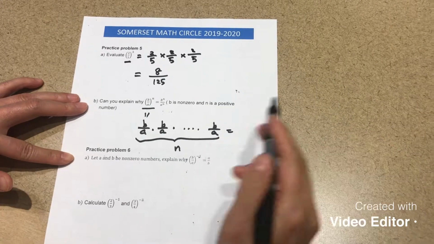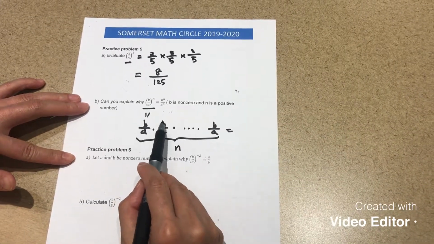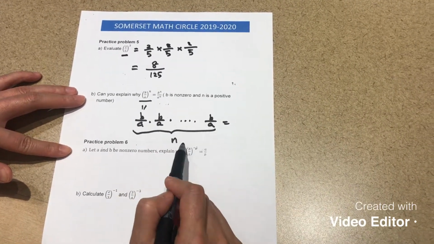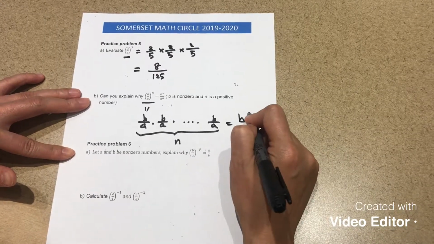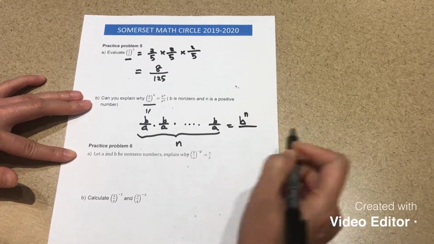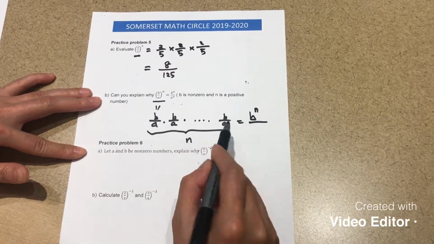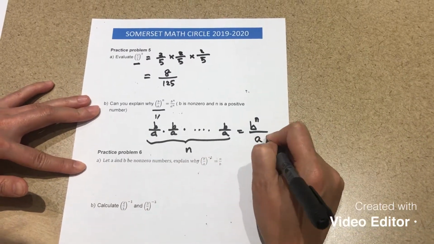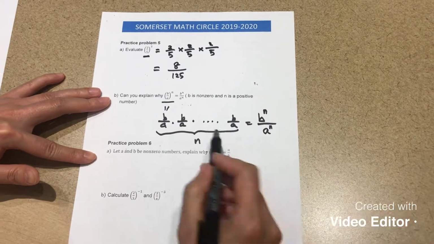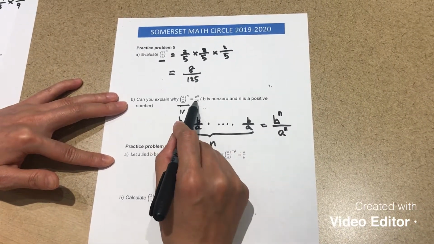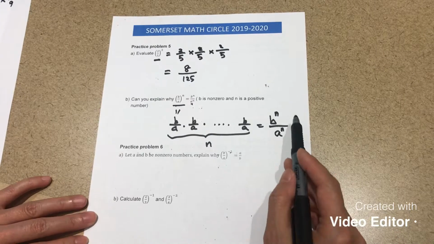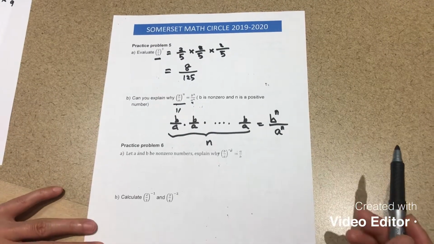So on the top, you have a lot of b's multiplying together. How many of those? n. So that's b to the power of n. On the bottom, you have how many a's? You have n a's multiplying together. That's the definition of a to the power of n. So that's why this equals b to the power of n over a to the power of n.